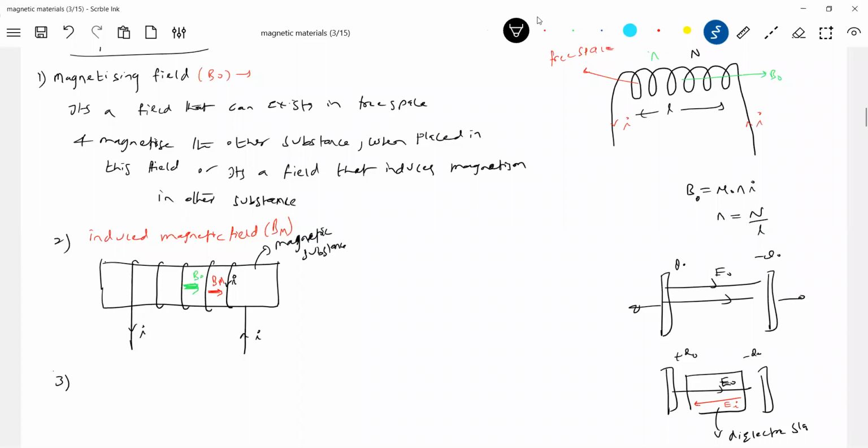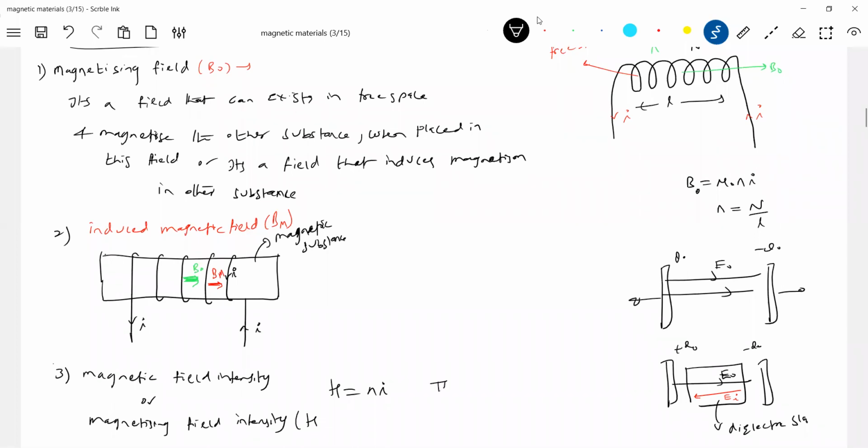So to express that control on magnetic field B naught, I'll bring another quantity, magnetic field intensity, or magnetizing field intensity, or magnetic intensity. The symbol is H. What is H? H is equal to N into I. How to define this one?